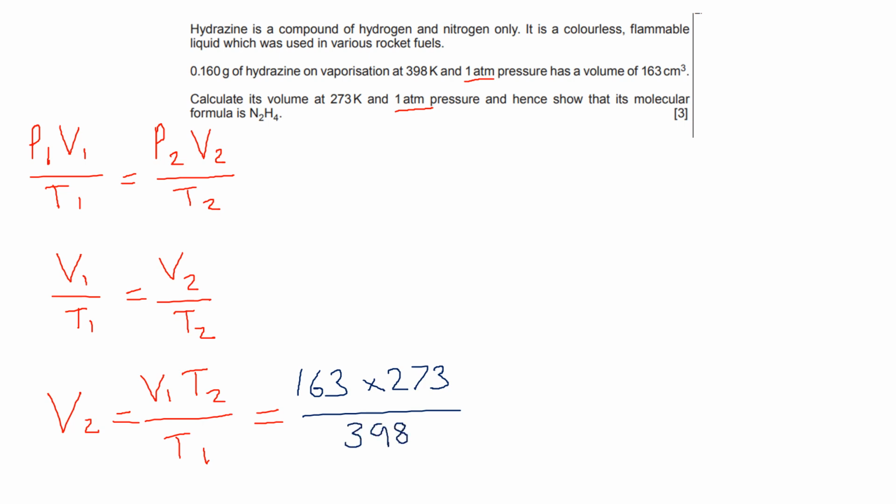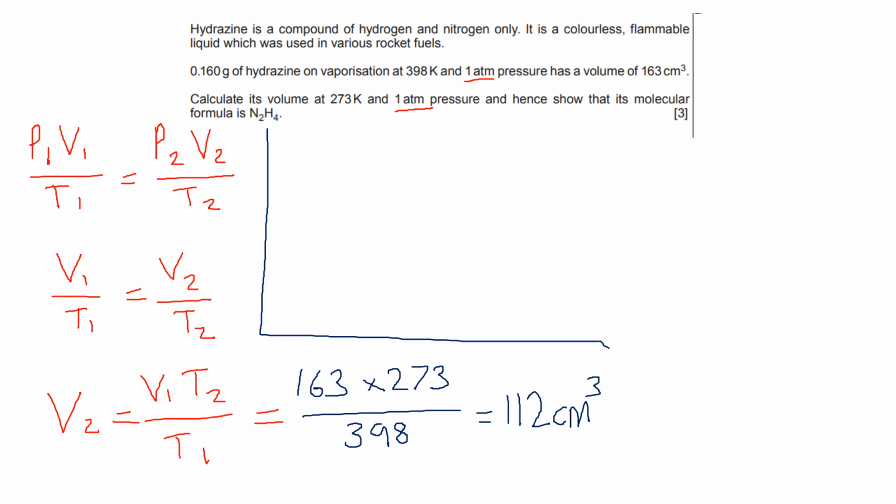So I'm expecting the volume to decrease because we're cooling the hydrazine down from 398 Kelvin to 273 Kelvin. Yeah, and it's come down to three significant figures to be 112 centimeters cubed, which makes good sense. So that's the answer to the first bit. I'm just going to put this in a box so it doesn't get muddled now with the rest of it.